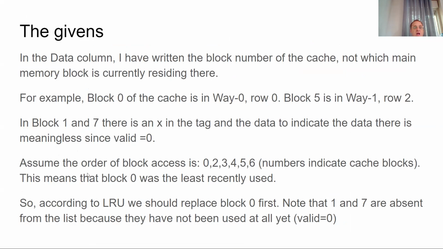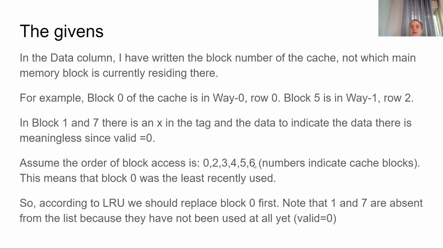Right, we said that. Here's a key point though. Assume the order of the blocks' access is 0, 2, 3, 4, 5, 6. In other words, the order of the numbers is the order. Numbers indicate cache blocks. In other words, the one that's sitting in the cache in place 0 was the oldest one there.